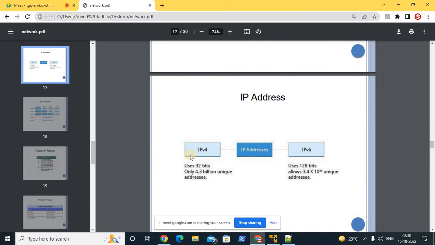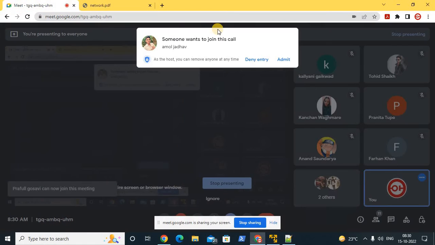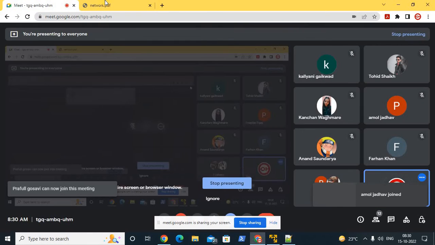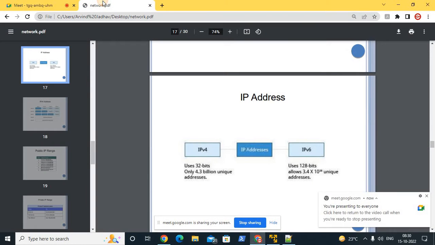For that purpose, the IPv6 version is available. It contains 128 bits, and it allows us 3.4 times 10 to the power 38 unique addresses. So for that reason IPv6 came.